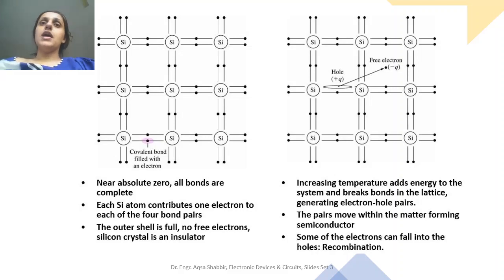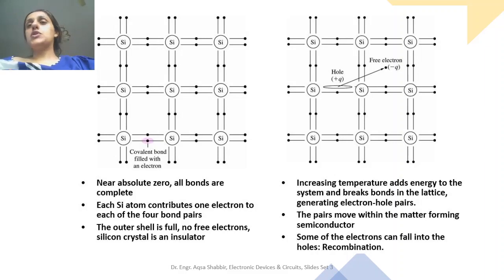Now, over here in the figure on the left, the silicon is almost like an insulator, as each silicon atom contributes one electron to each of the four covalent bonds with its four neighboring silicon atoms. The valence shell or outer shell is full, there are no free electrons, and hence the silicon crystal is almost like an insulator.